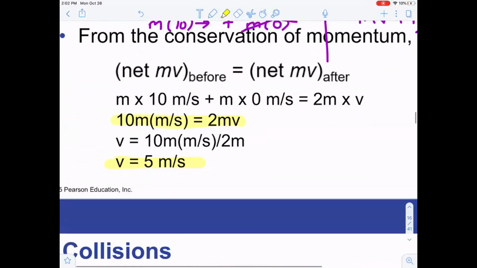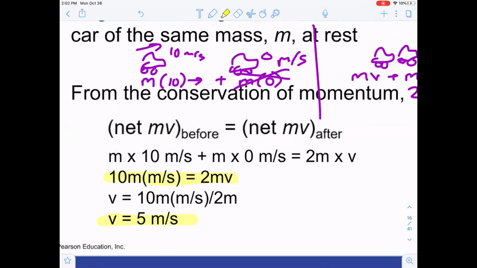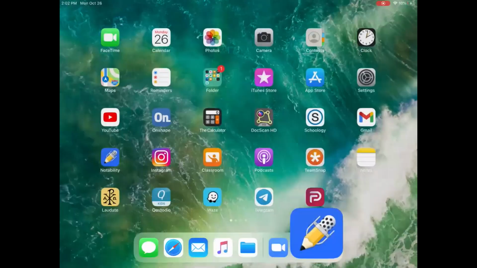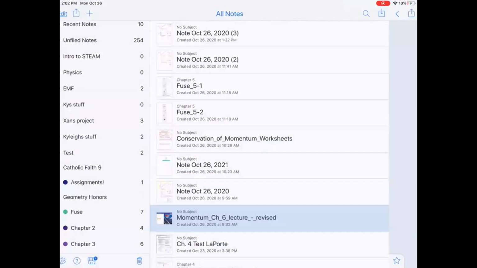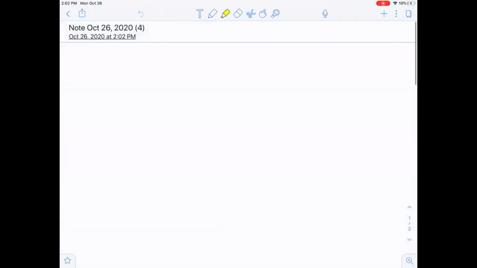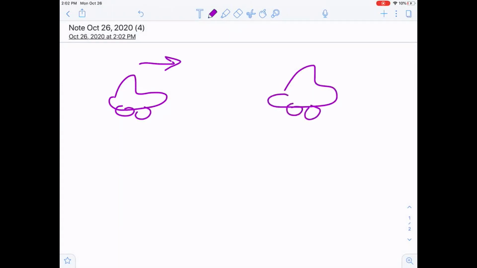If you had a different situation, imagine you had one car going this direction and another car going this direction, right?